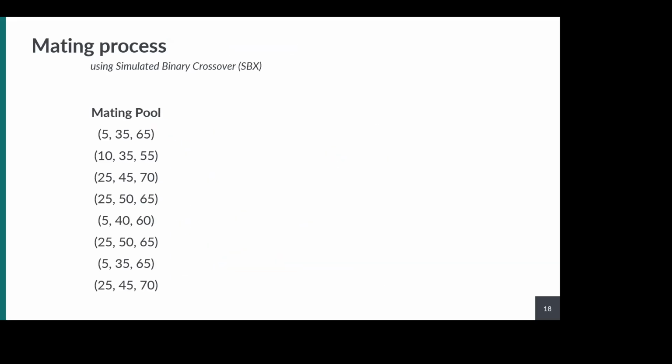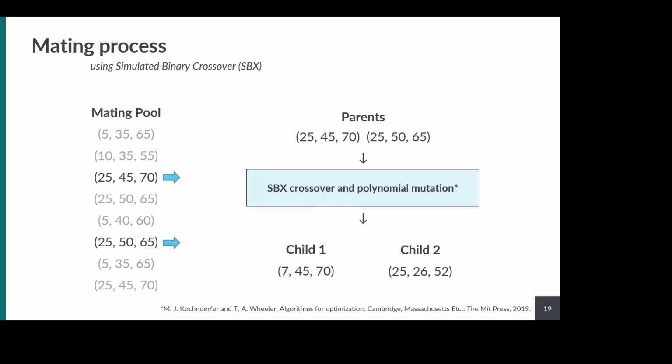The mating process itself, going back to those EMA values from that mating pool, is simply choosing pairs from that mating pool as parents. Each parent can only be chosen for one generation of offspring. We take those 2 parents and we use 2 methods for creating the children.